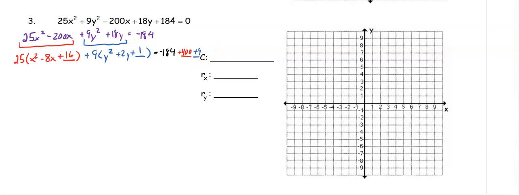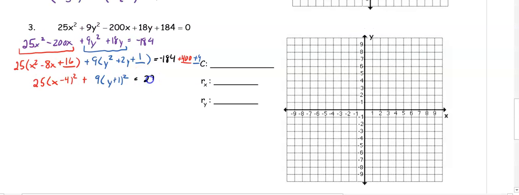So as we factor this then, we have 25(x - 4)^2 + 9(y + 1)^2 is equal to 225. Then we're going to divide everything by 225.